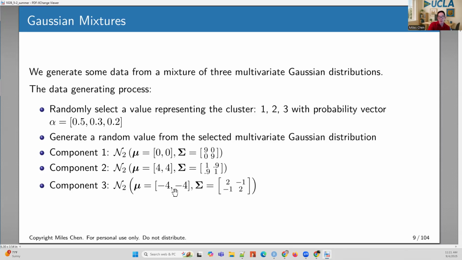Component 3, which accounts for 20% of our data, is centered in the lower left corner at -4, -4. The variance of x1 and variance of x2 is 2, and there's negative covariance between these two.